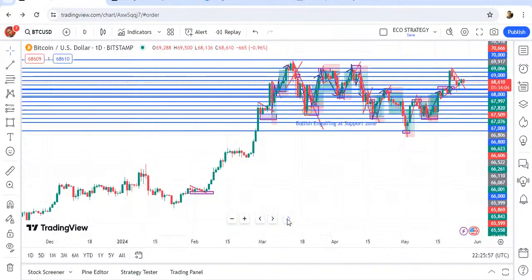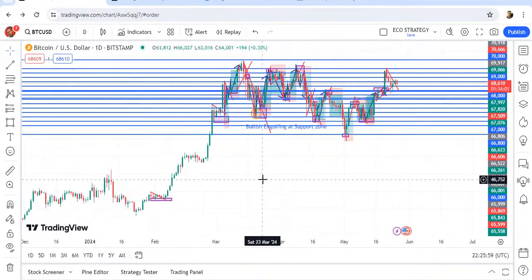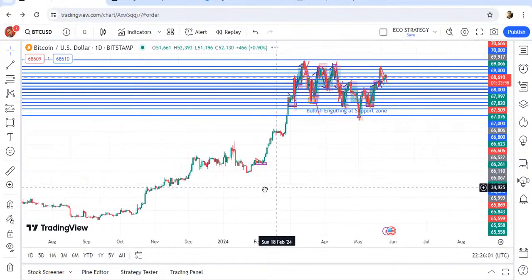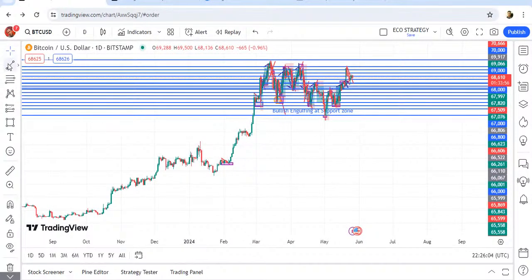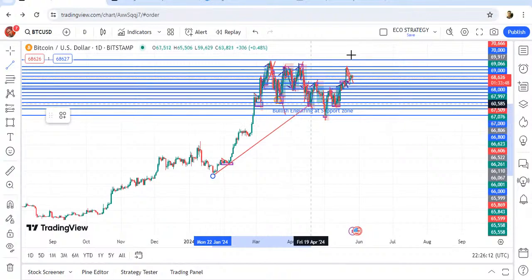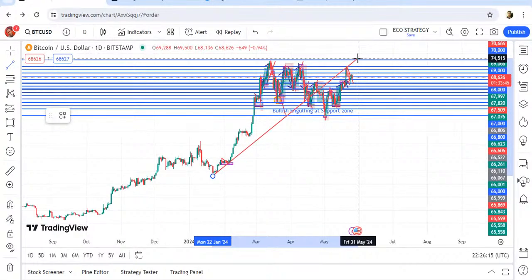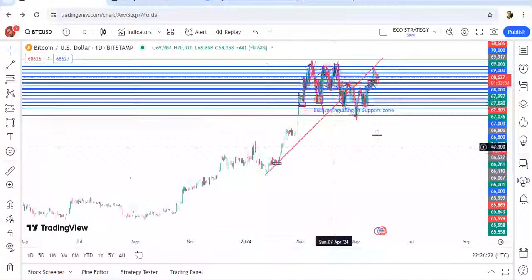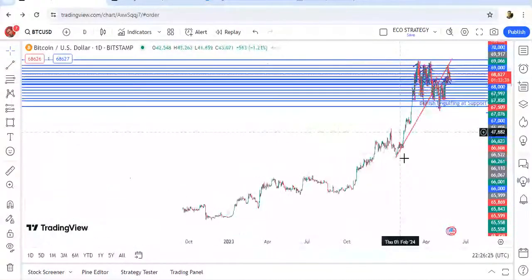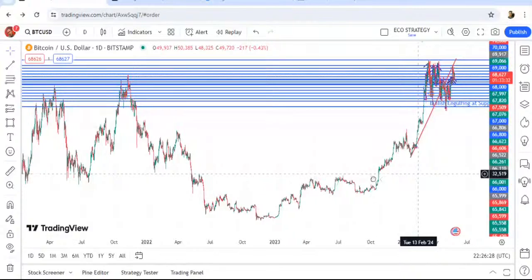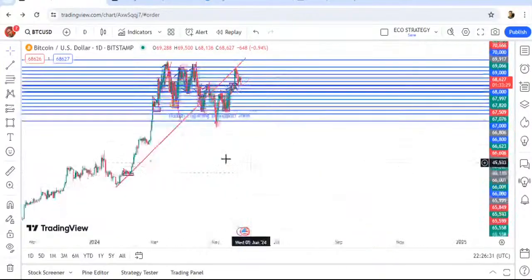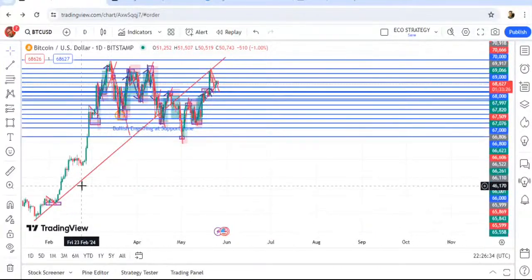Okay, let's see. Like this. Okay, so a break and retest. Maybe like this. Is it like this? Is it this one?